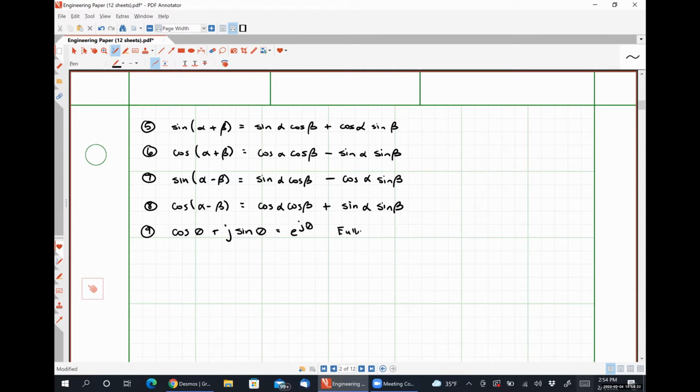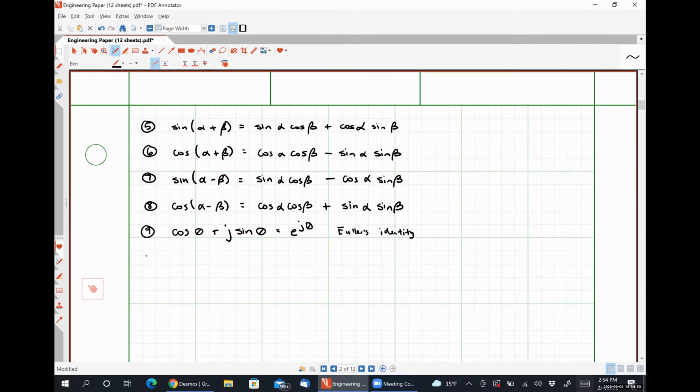This is Euler's identity. This is nothing more than the conversion between a rectangular coordinate complex number and a polar form coordinate complex number. So we actually effectively covered Euler's identity in our last class meeting. We just didn't do it explicitly like this.